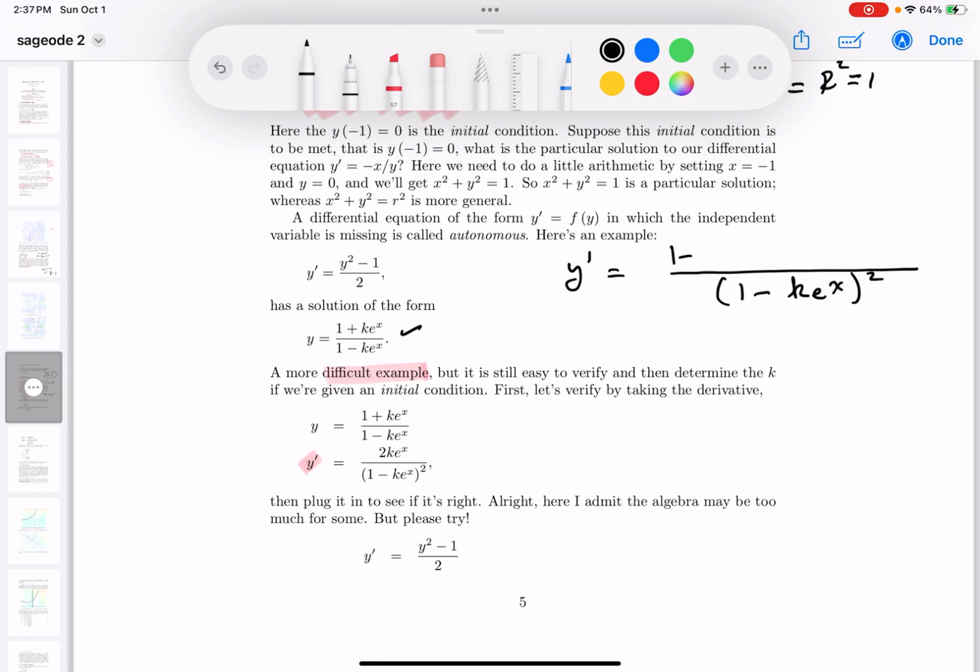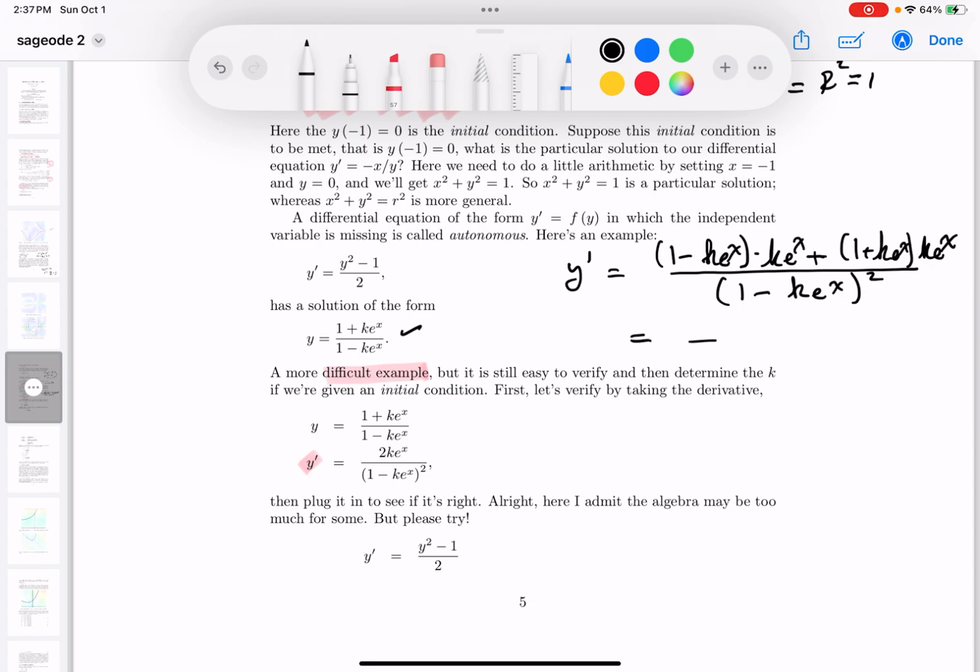Bring the bottom to the top, times the derivative of the top, which is going to be k e to the x, minus the top. That's 1 plus k e to the x, times the derivative of the bottom, which is going to be minus k e to the x. So I'll just put the plus down.